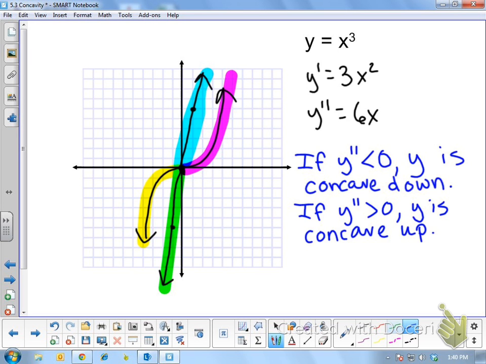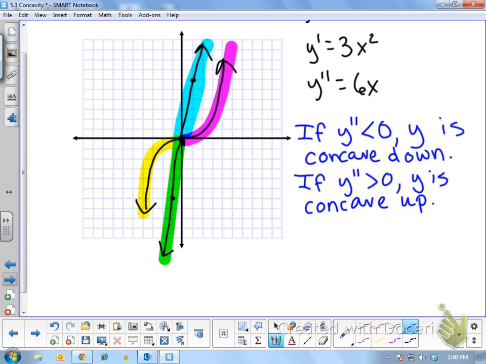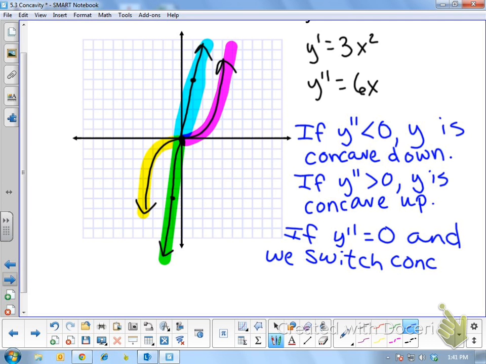And where is our inflection point on this particular graph? 0. So if y double prime equals 0 and we switch concavity, so we would know we would switch concavity if f double prime goes from positive to negative or negative to positive.